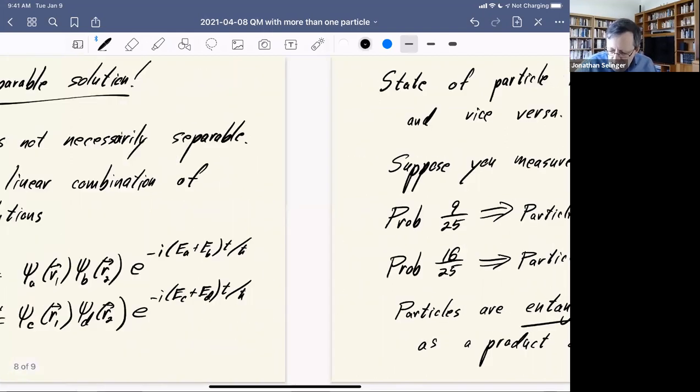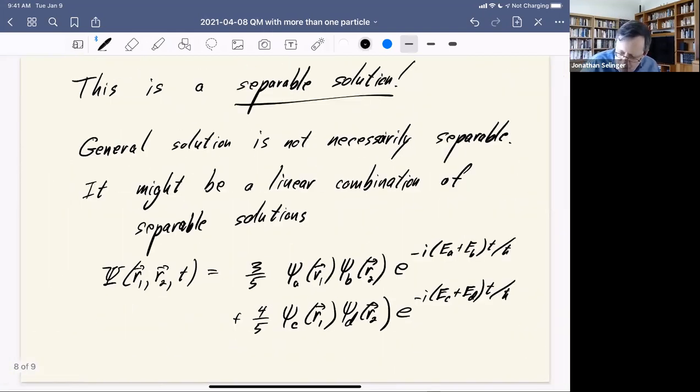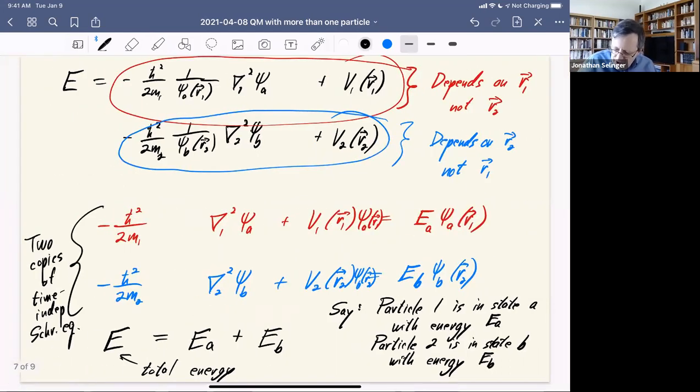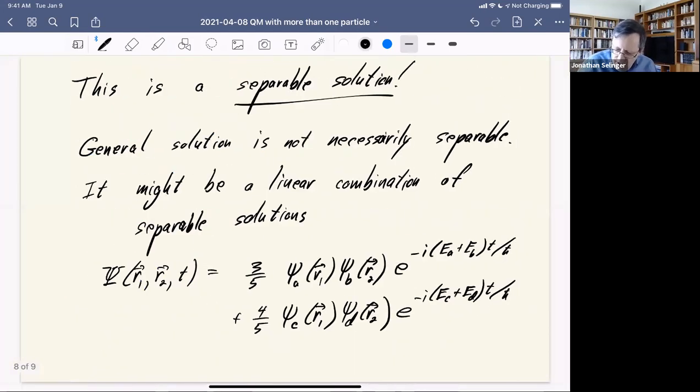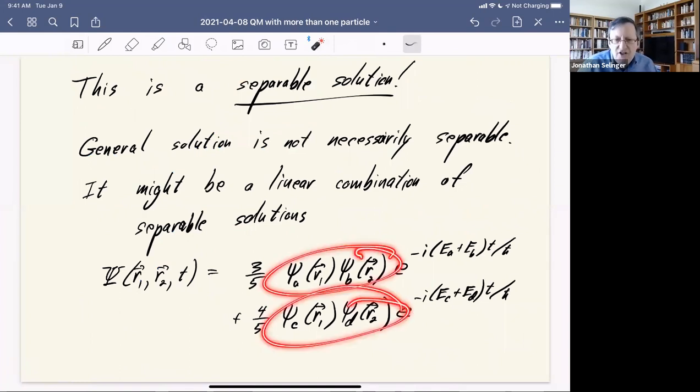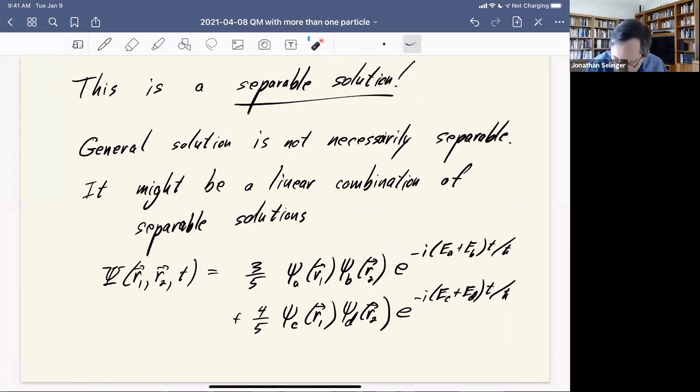Okay, so a product would be just this or just that, right? But if you have a combination of products like this, then you get this quantum mechanical phenomenon of entanglement, that the state of one influences the state of two and vice versa.